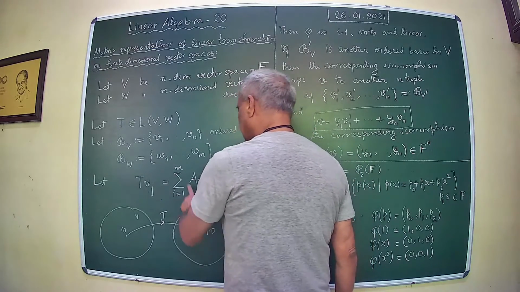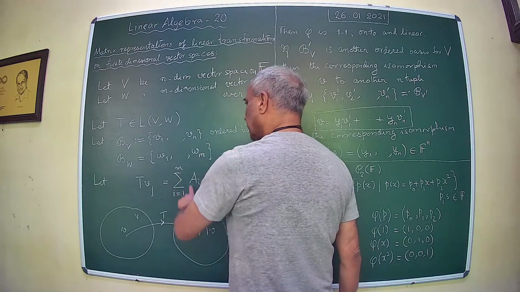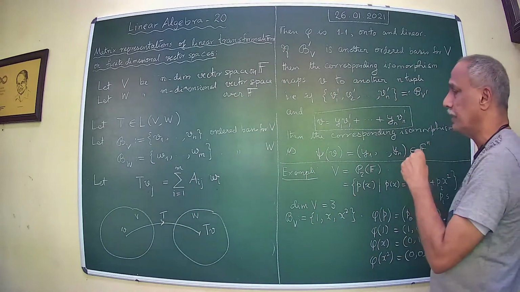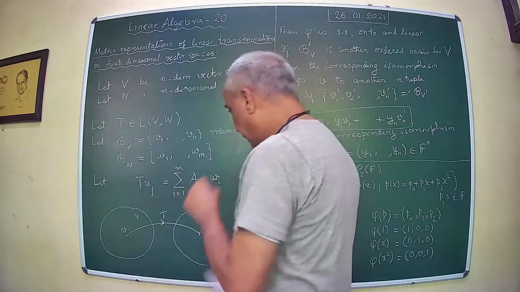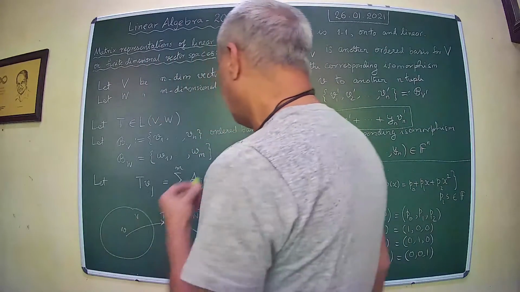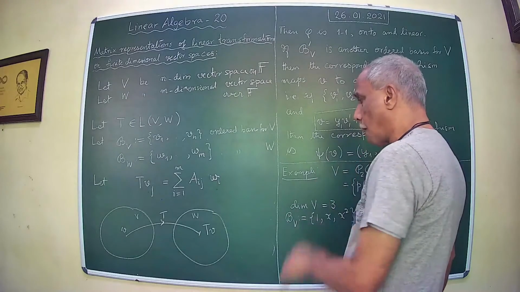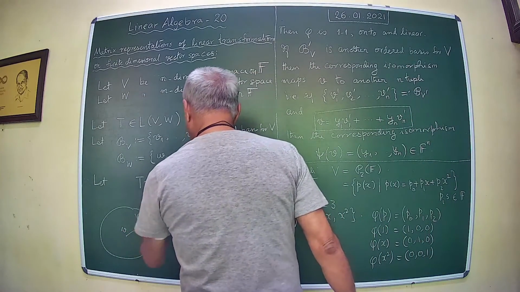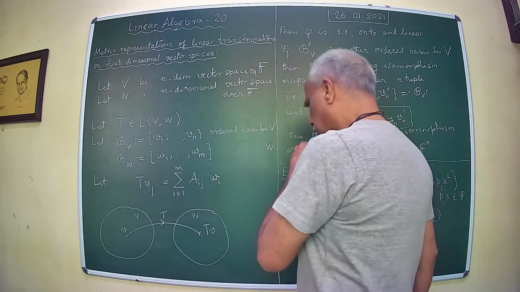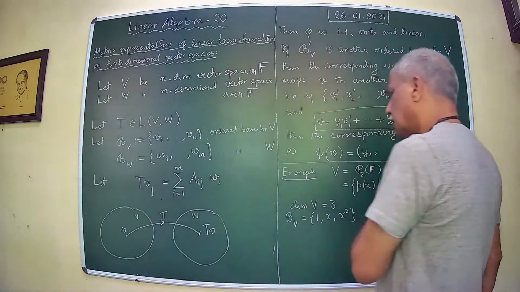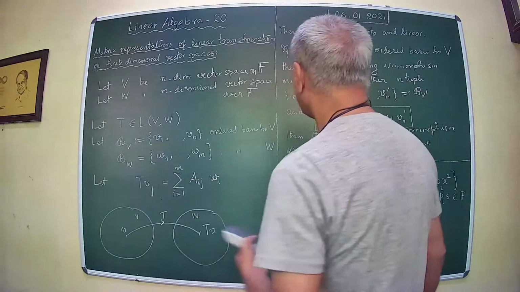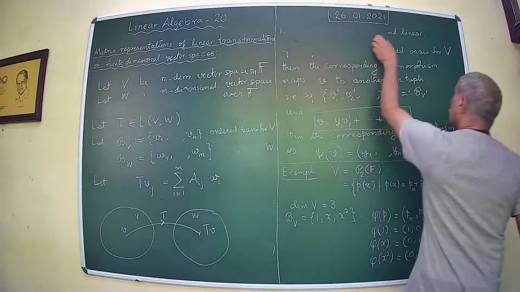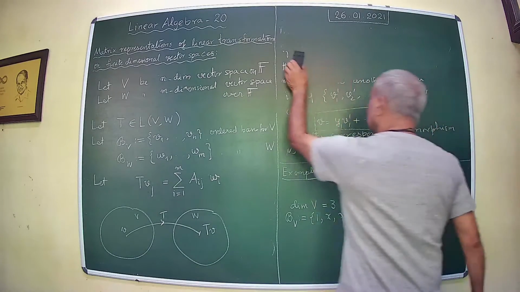And the coefficients that appear here are from the associated field. They are uniquely determined because V is n-dimensional and W is m-dimensional, and BV and BW are bases for V and W respectively.